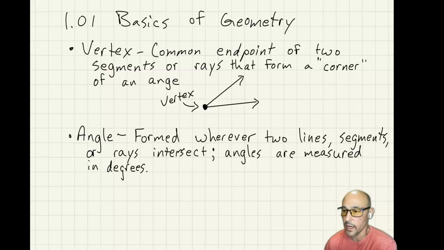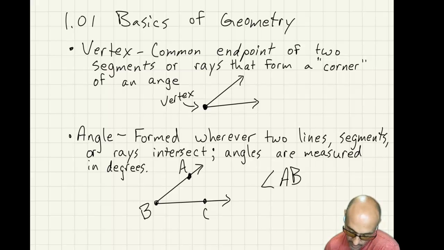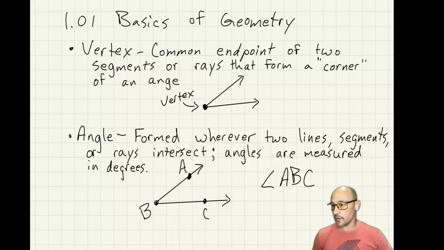And it's important that when we name an angle, if we have something like this, and we name these points like that, then this is known as angle ABC. So notice that the vertex is in the middle of the name.